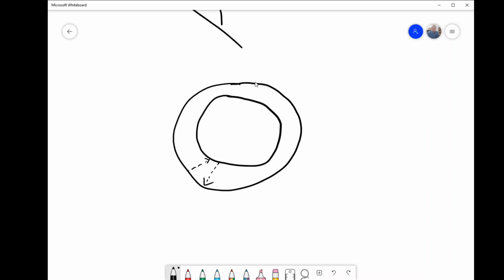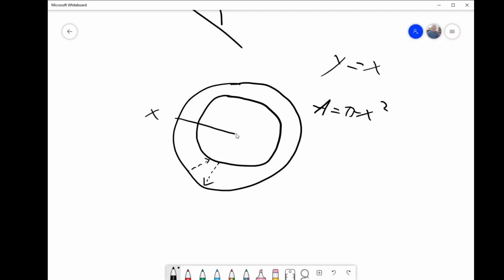Now for the outer shape, the one defined by y equals x, that means at any point the radius is just x, so the area of that shape is pi x squared. That's not a big deal. The second one, however, is a little bit trickier.